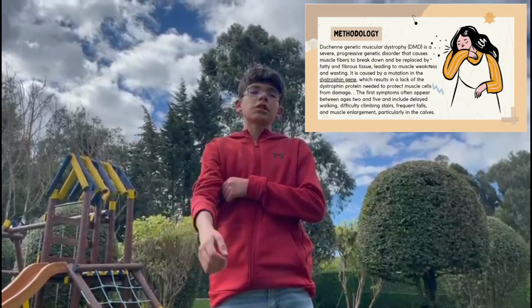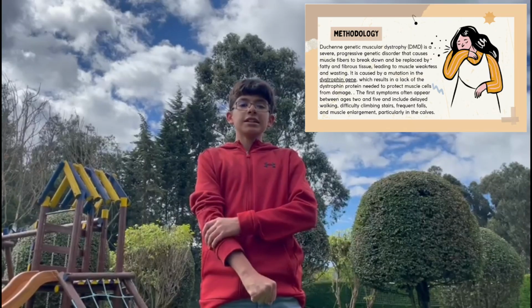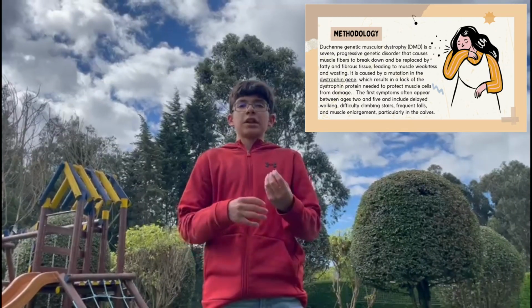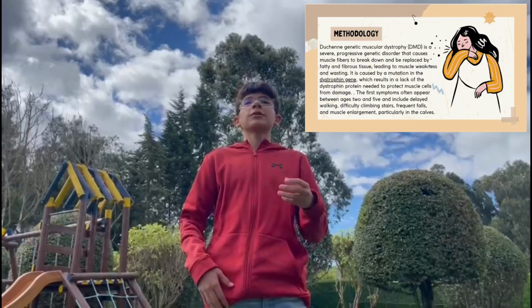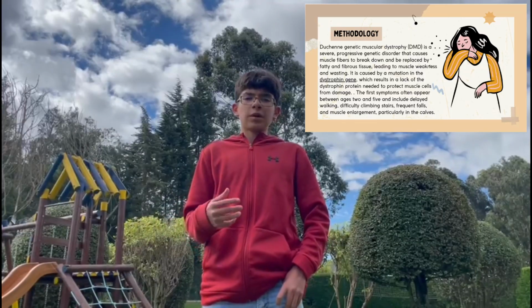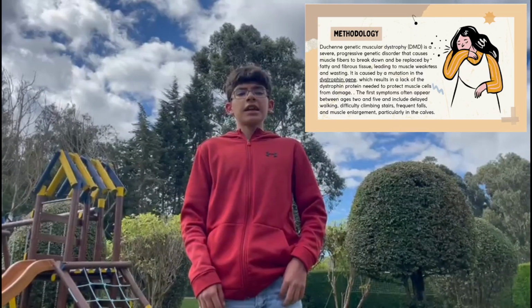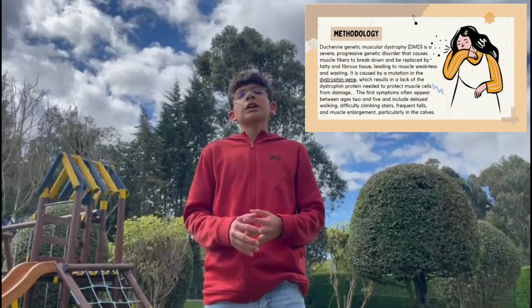Duchenne muscular dystrophy is a progressive genetic disease that makes the muscles break down and be replaced by fatty and fiber tissue. It causes weakness in the body and difficulty walking.